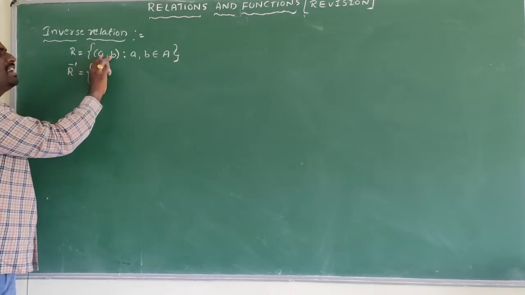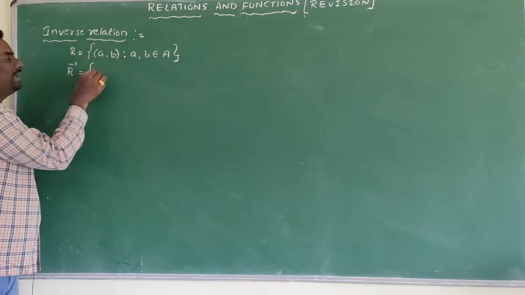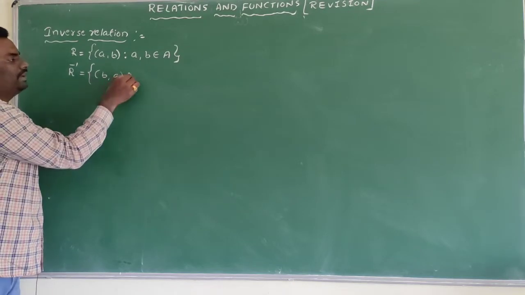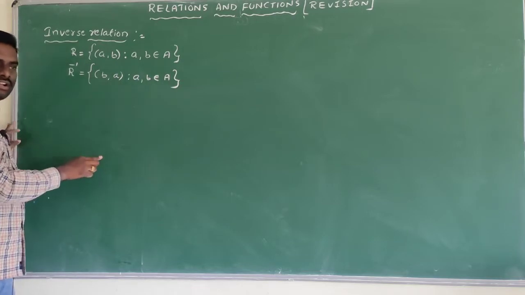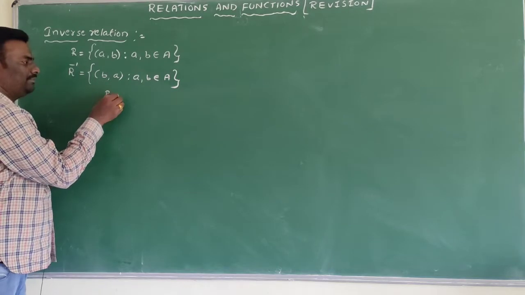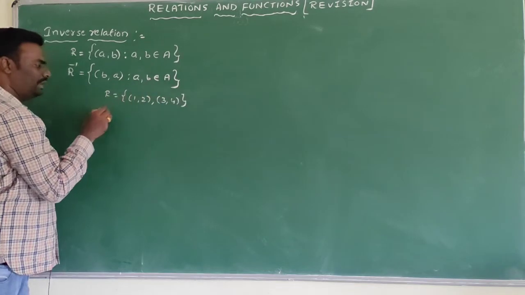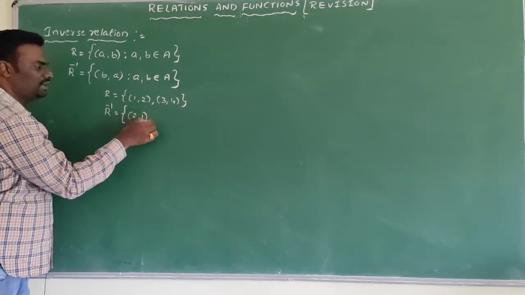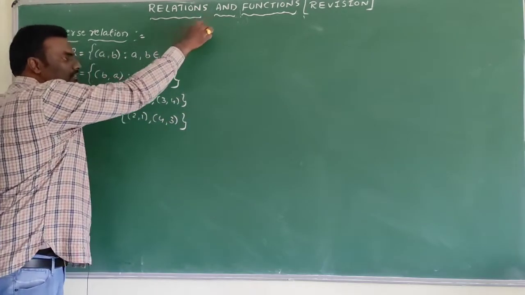Here the elements in the ordered pair should be interchanged. Here the pair is (A, B); here the pair is (B, A), where A, B belong to the given set. This is called inverse relation. Means if the pairs in the relation are (1, 2) and (3, 4), then the pairs in the inverse relation are (2, 1) and (4, 3). This is a simple example for inverse relation.